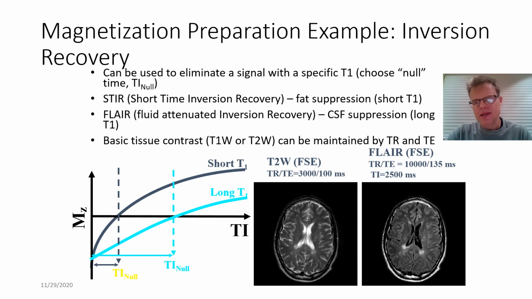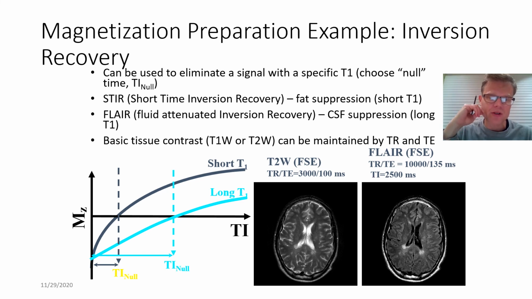And the last thing I'd like to touch on from chapter 21 is the idea of magnetization preparation. In fact, you've already seen a case of this: inversion recovery is one of those where we do an inversion pulse to so-called prepare the magnetization and impart some contrast.